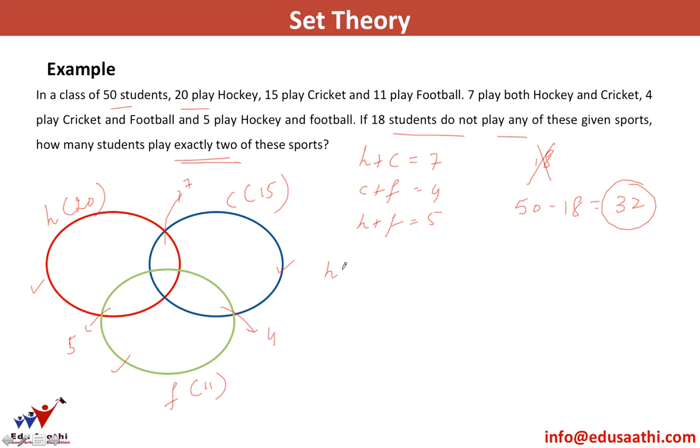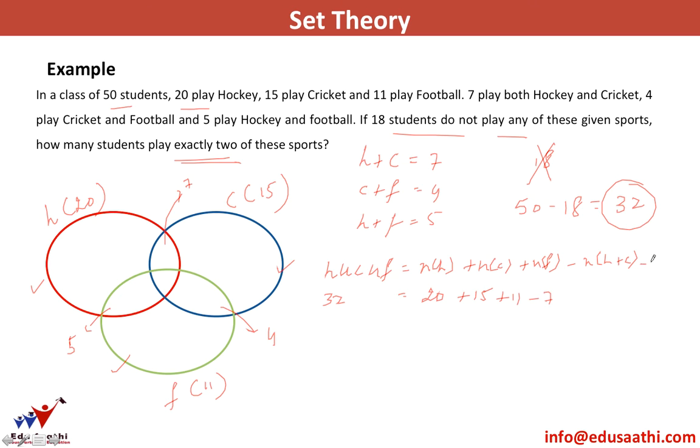We have H union C union F is equal to 32, as we know. N of H is 20, plus N of C is 15, plus N of F is 11, minus N of H intersection C, this is minus 7.